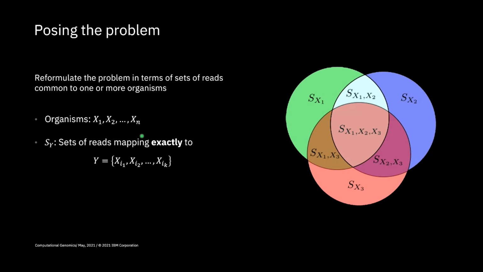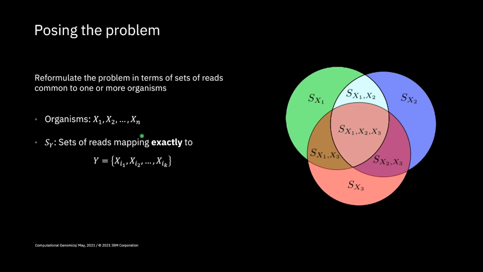We're actually going to do it in two ways. This is the first one. What we do is we just name the organisms from X1 to Xn. These are not sets or anything, this is just the name of the organism. And we are going to denote by Sy the set of reads mapping exactly to that particular set of organisms that we're saying Y is.